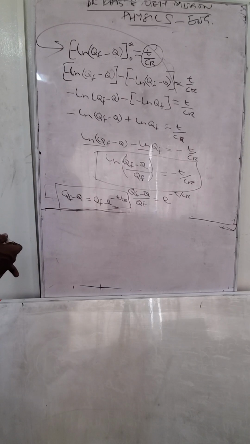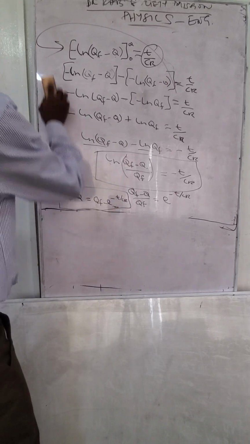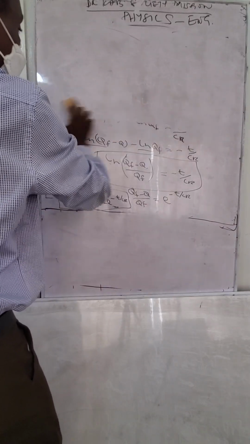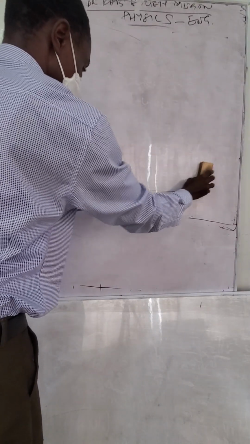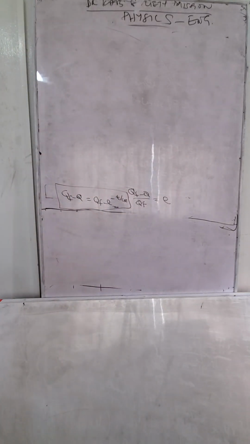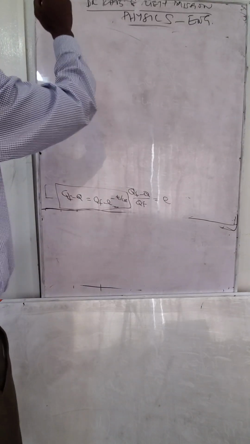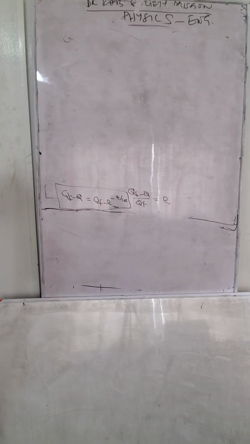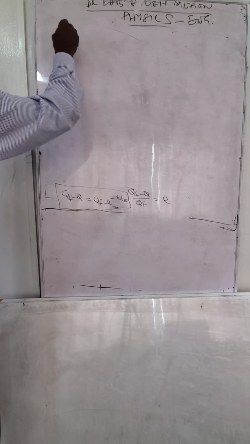Alright, so not to make it complex, let me clean the top one so that we can look at it well. So this is where we are now. So that is going to give us Q.